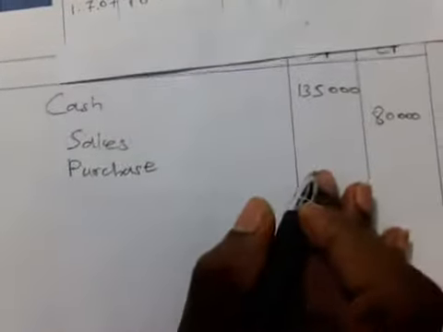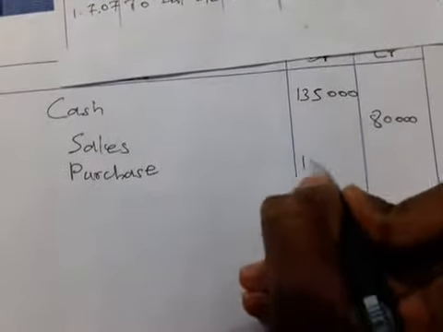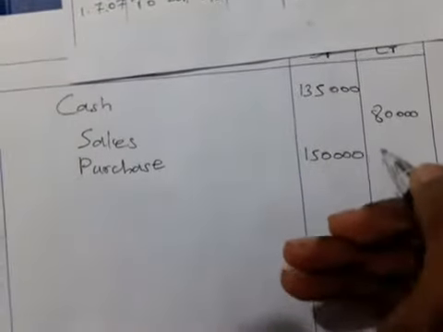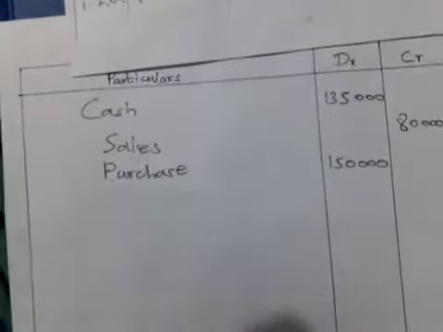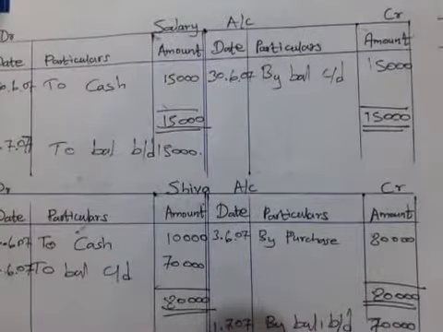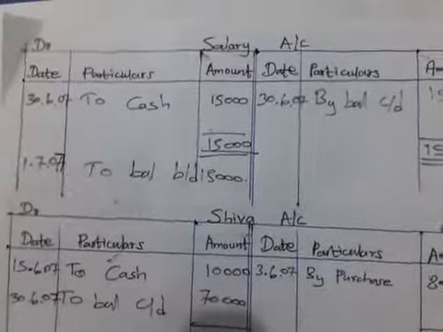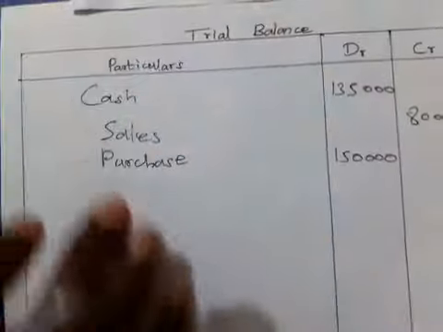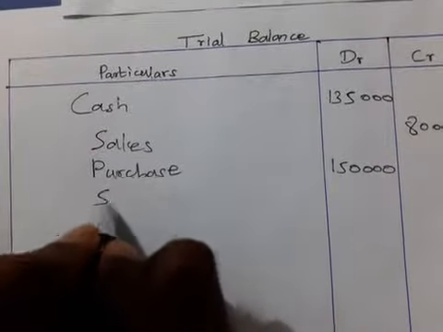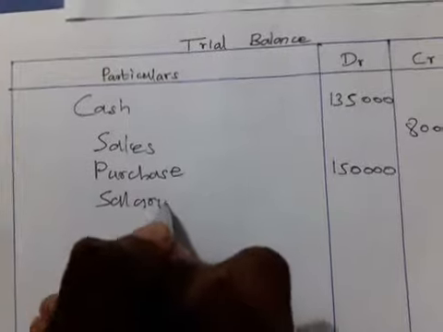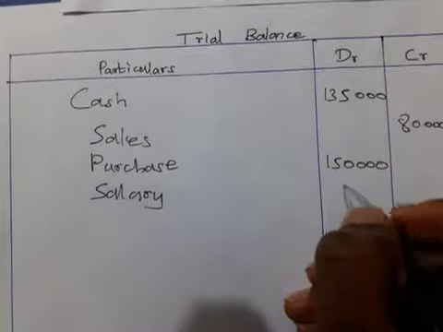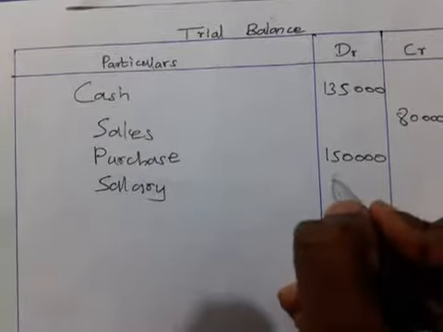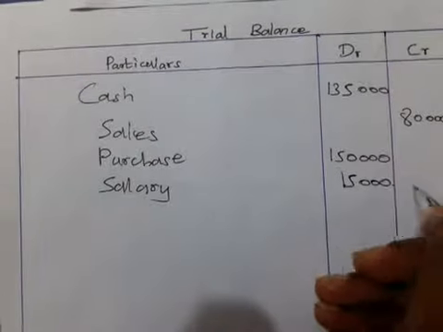Purchase 1,50,000. The next account, the salary account. In the salary account we got a balance of 15,000 on the debit side. So we'll record it on the debit side. Salary account 15,000 debit balance.